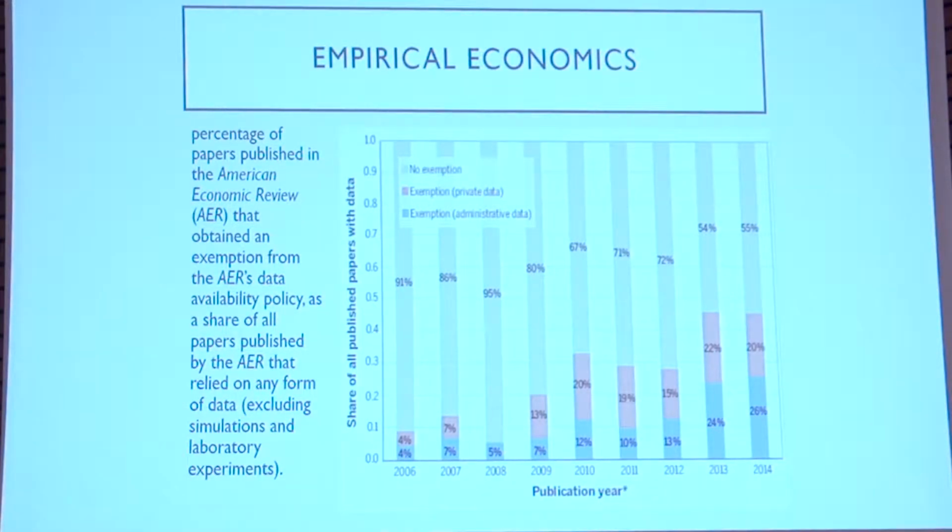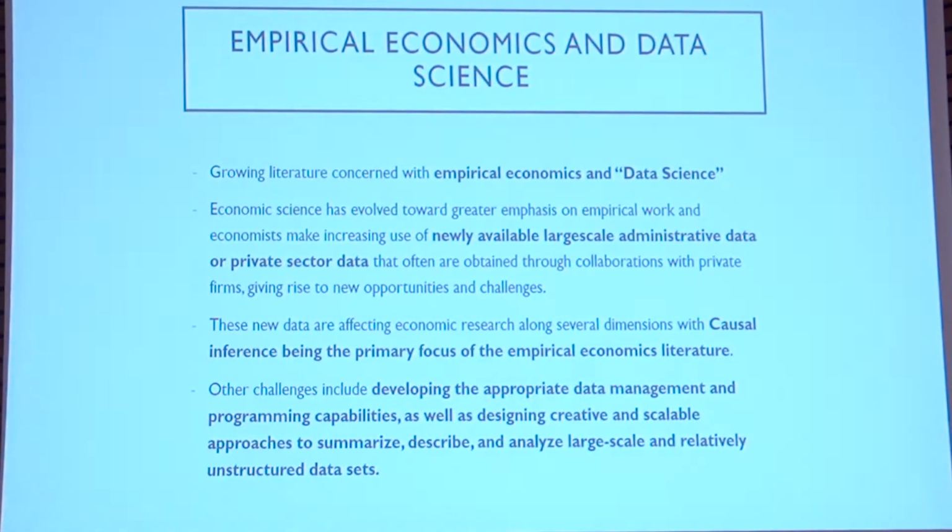That means that you have to give your data so that people are able to replicate the results. These are the exemptions, which means that these are private data coming from companies, or cases where you cannot show your data or cannot comply with this regulation of the journal, and you can see how much it's increasing in the last decade.